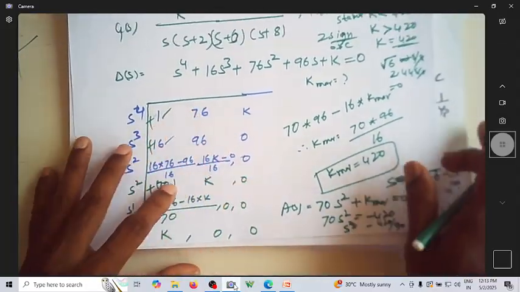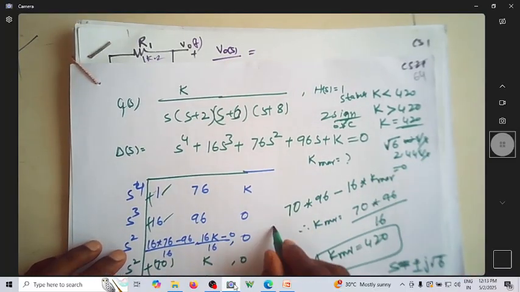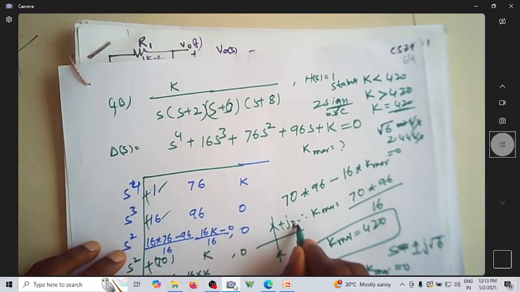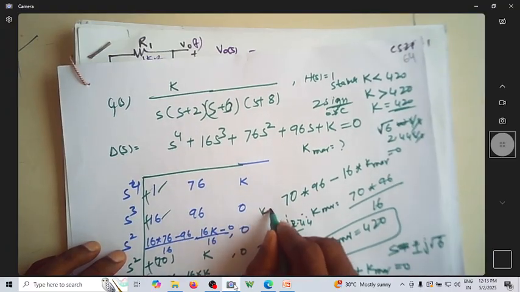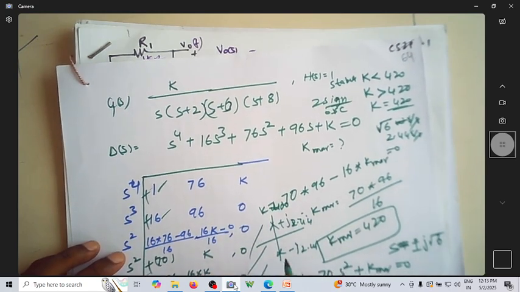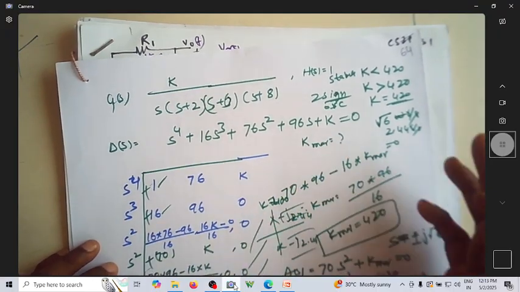The system will be oscillatory with a frequency of 2.44 radian per second, because poles will come onto plus j 2.44 and minus j 2.44 if the value of K is 420. Otherwise it is on the left hand side, otherwise two poles will go onto the right hand side if the value of K is more than 420.